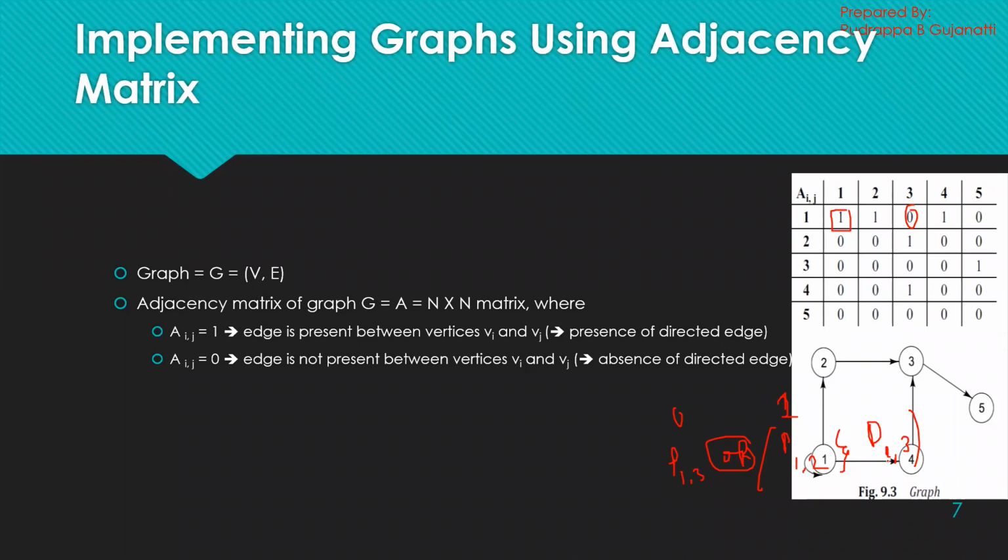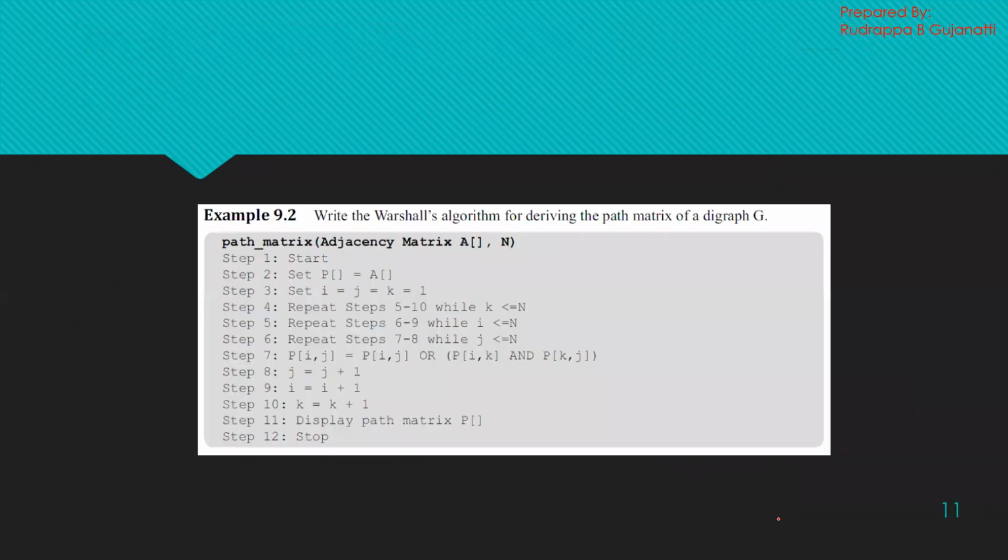And from, say, 2 to 3, is it possible to reach? If you just observe 2 and 3, yes, it is 1. So here it turns out it is 1 and 1, which is logical 1 again. So 0 or 1 will be equal to logical 1. So that is true.